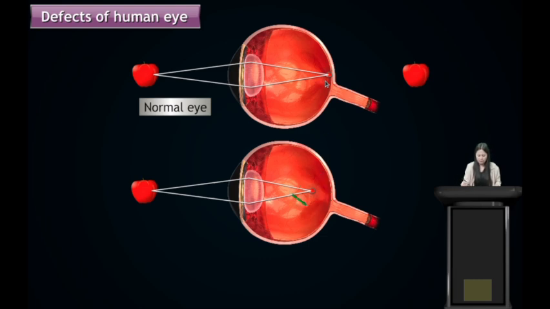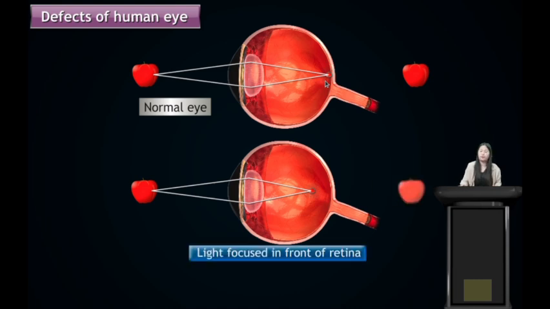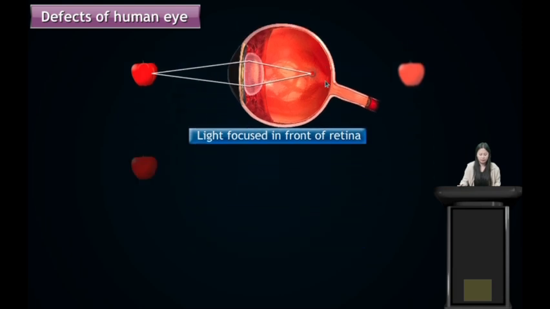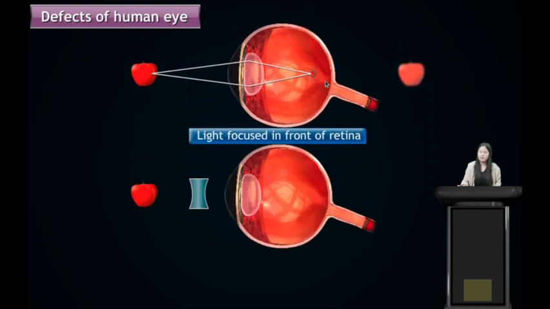Light is not focused on the retina. So in this case, light is focused in front of the retina, and the image formed appears blurred. This is the first type of defect. This type of defect can be corrected by using a concave lens.